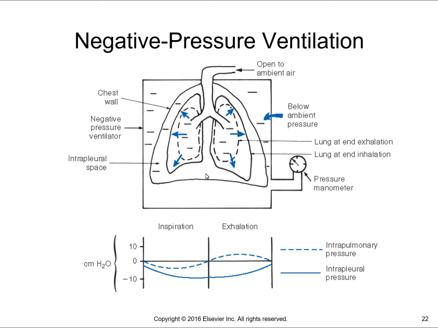If I generate a negative pressure, that means I'm pulling air in. It's like I'm creating a vacuum. When I create that negative pressure, I start pulling air into my lungs, and your diaphragm as well as the stretch of your lungs create that negative pressure.